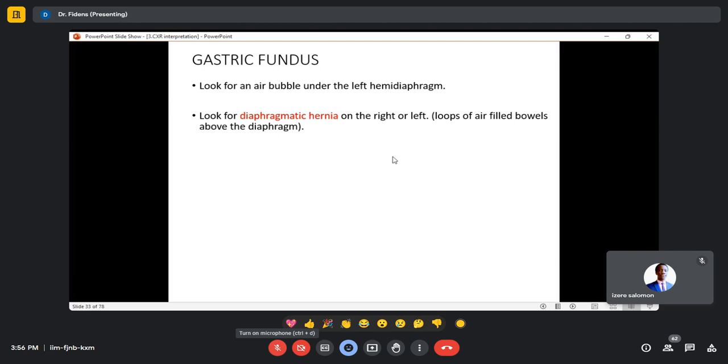But we look for it to see if there is any diaphragmatic hernia, especially in children. If someone is standing up and you miss the gastric air bubble, you can think of diaphragmatic hernia or displacement of the stomach by something else.